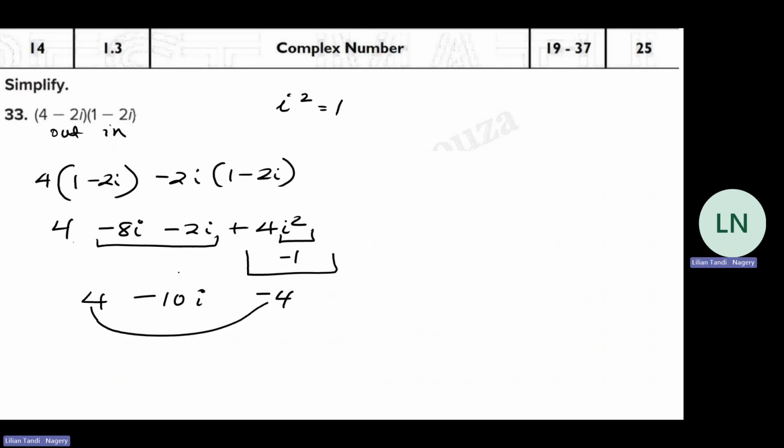So your answer is just negative 10i. 4 and negative 4 are inverses. When you add them, they become 0.